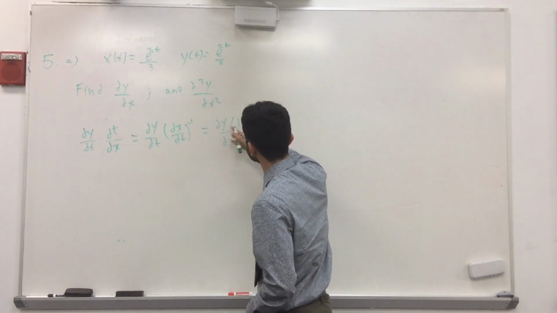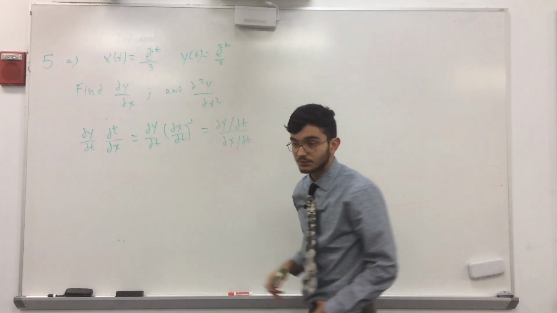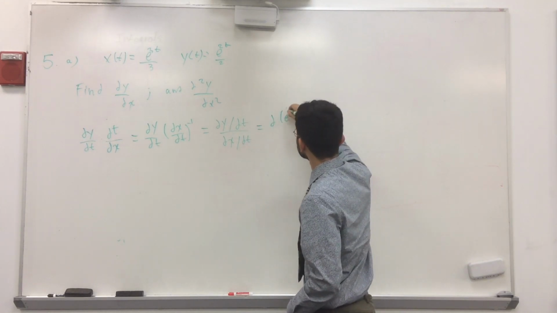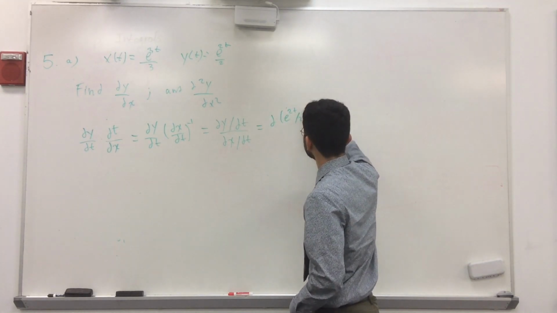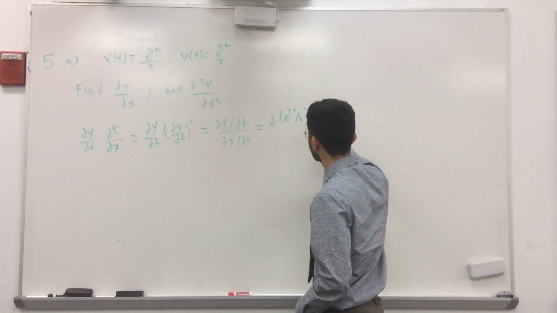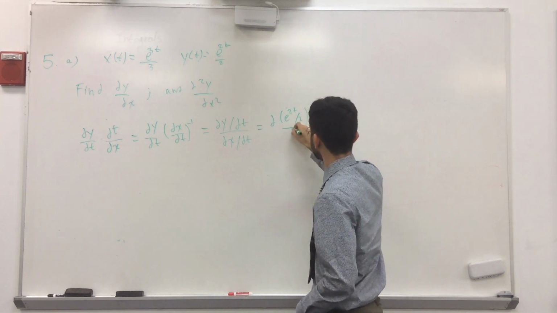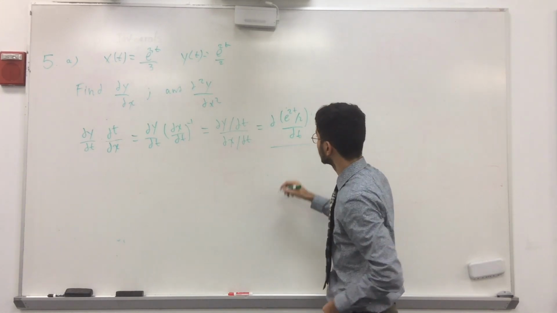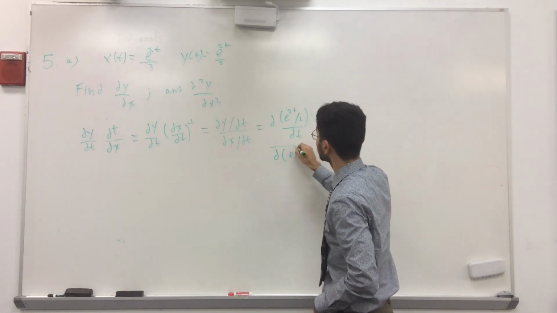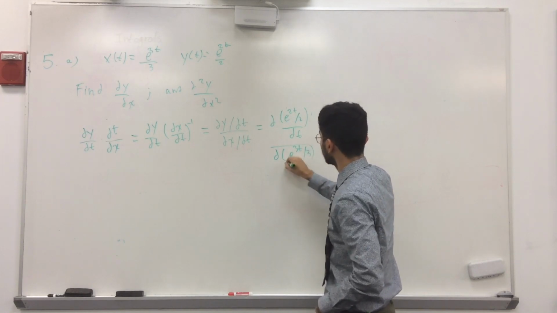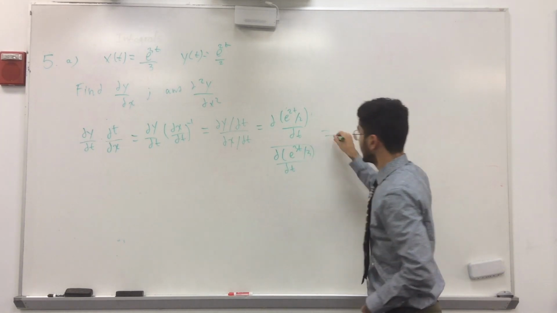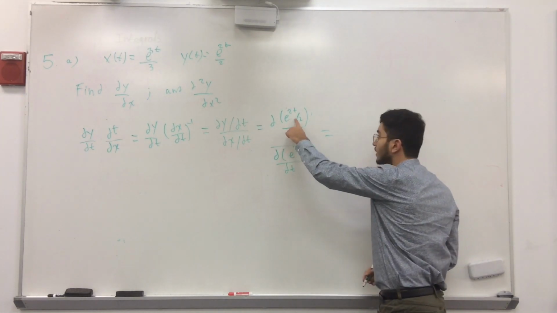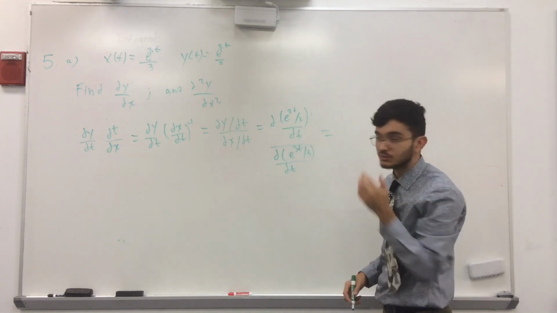So we have to find dy/dt. So the derivative of e to the 2t over 2, with respect to t, all of that divided by dx/dt, which in this case will be the derivative of e to the 3t over 3. Okay, the derivative of this, using the chain rule, is going to be 2 times e to the 2t over 2.